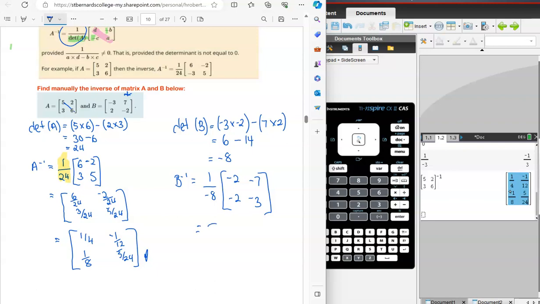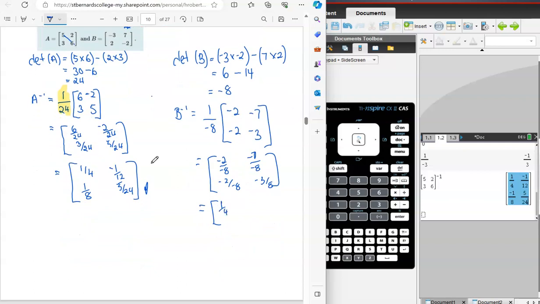So then we would multiply that scalar out, and I'd end up with -2 over -8, -7 over -8, -2 over -8, and -3 over -8. Now, if I simplified that into simplified fractions, I get 1/4 here, 1/4 here, 7 over 8 here, because the negatives are both making it a positive, and 3 over 8 here.